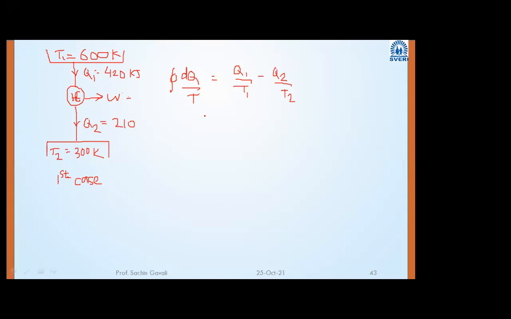So how much will it be? Q1 is 420, divided by T1, which is 600, minus Q2, which is 210, divided by 300.